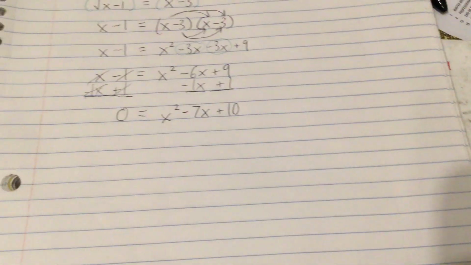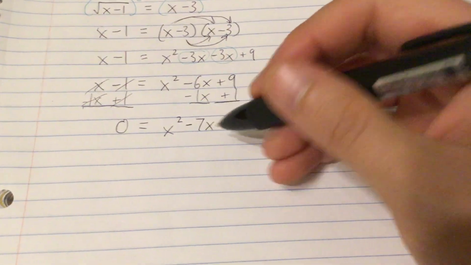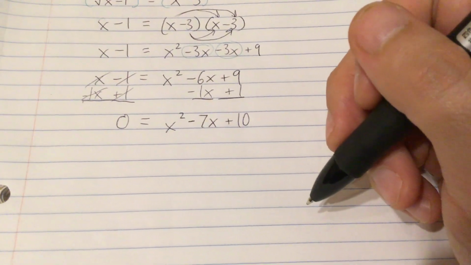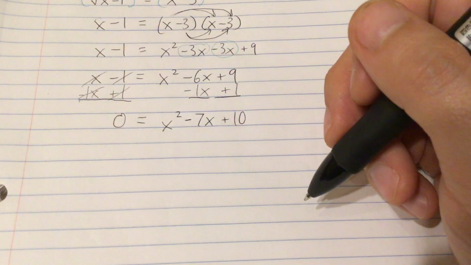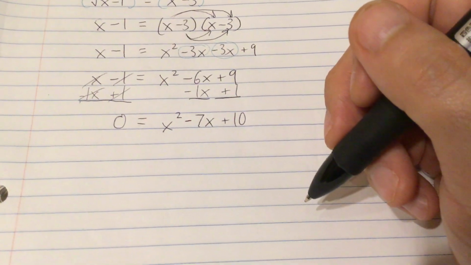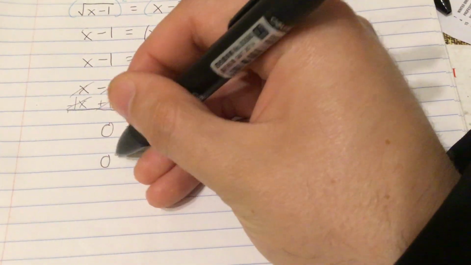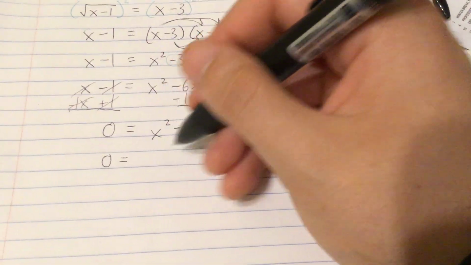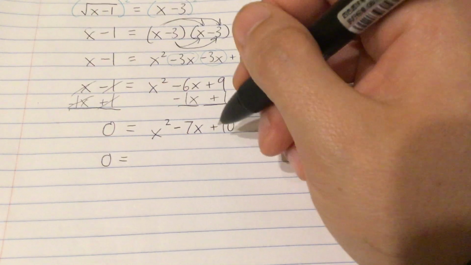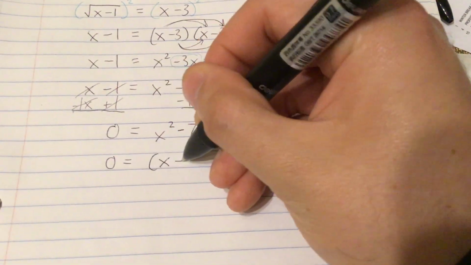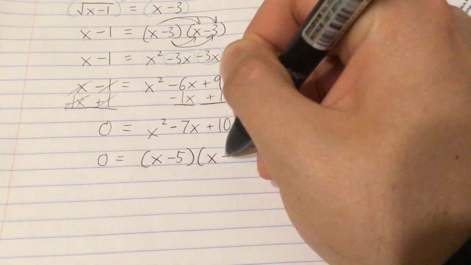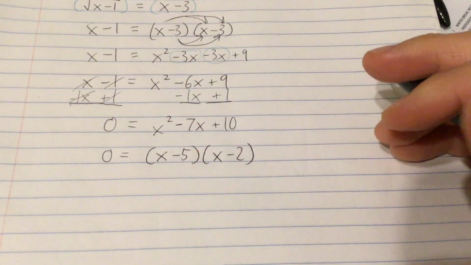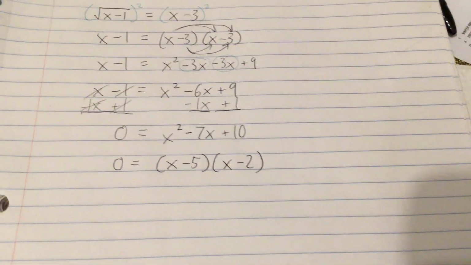Now, what two numbers multiply to positive 10 and add to negative 7? Right, so I'm going to factor this. Those two numbers are negative 5 and negative 2. So that becomes x minus 5 times x minus 2, or if you did x minus 2 times x minus 5, awesome.